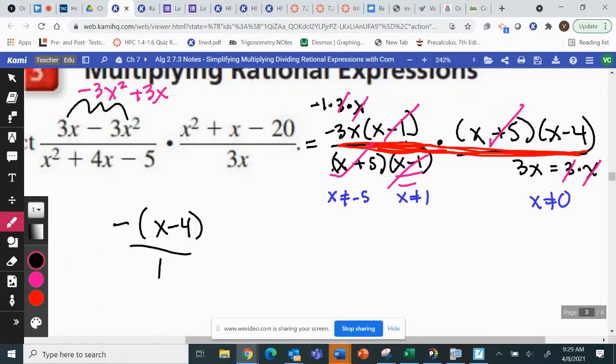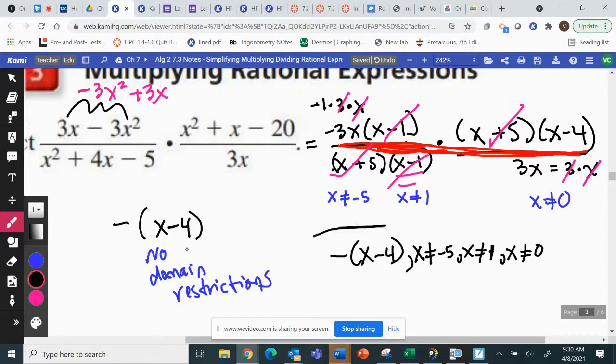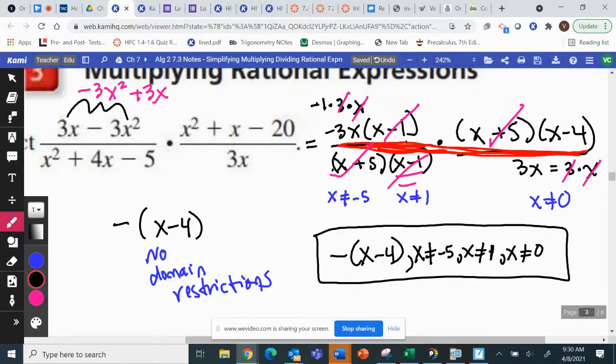So what variables are in the denominator? If there's no variables, there's no domain restrictions. Okay, so if it's over 1, there's going to be no domain restrictions. So we've got negative x minus 4, comma, x does not equal negative 5, x does not equal 1, and x does not equal 0 as our final answer, because all of those canceled out.